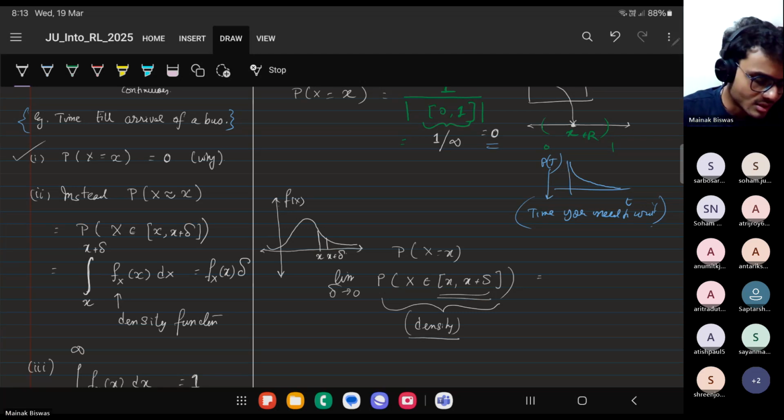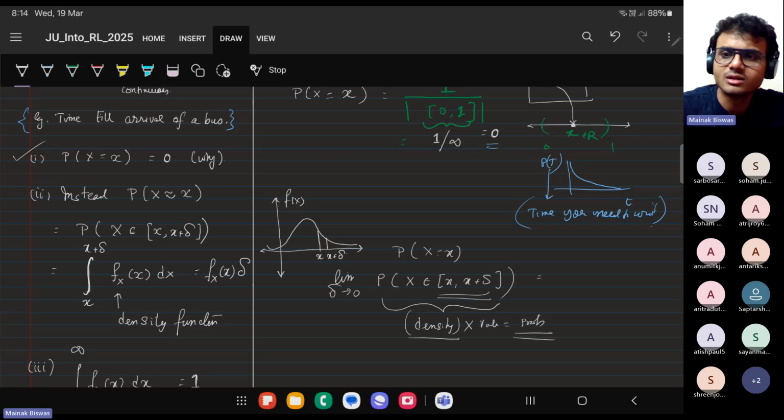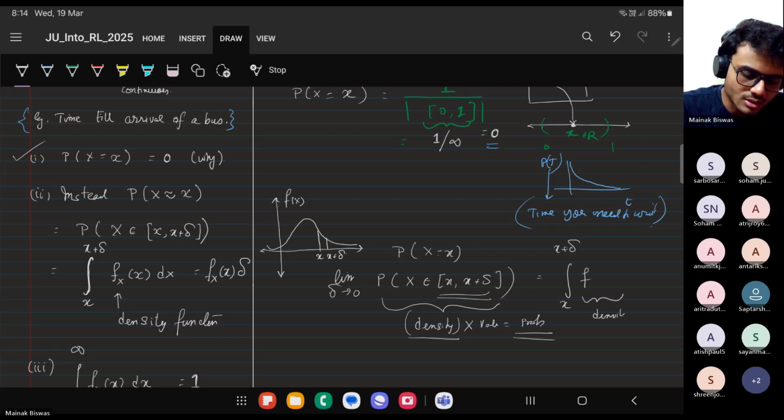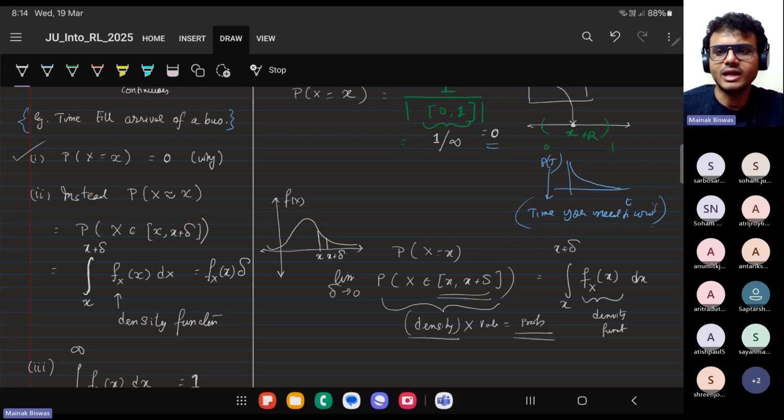Similarly, density into a volume will give you a probability. Is it clear? So this is the integral of x to x plus delta of some function, which is the density function of the random variable x, dx, right?